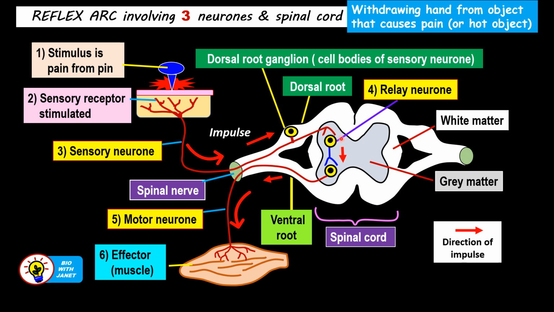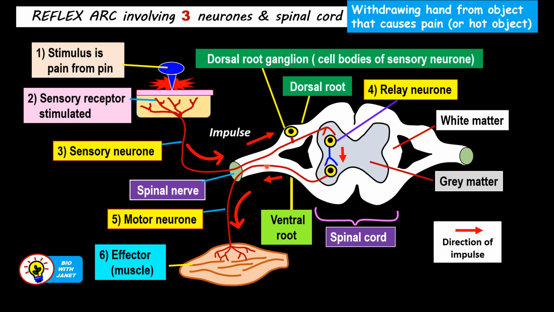And then the relay neuron will transmit the impulse to the motor neuron. Okay, it also goes through a synapse here. The impulse will be transmitted across the synapse here between the relay and motor neuron.